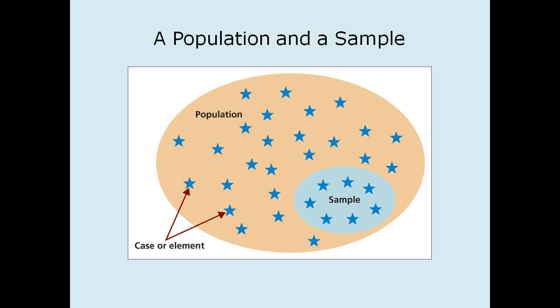Everyone who buys an Apple iPhone is the population, and a sample is just a small number of those cases, a representative number of those cases that are part of the population. So you can see there, it's just a very small represented sample, or a small number of cases or people that are part of the population, and they're the part of the people that you're going to research.